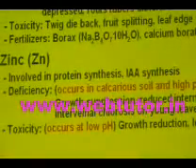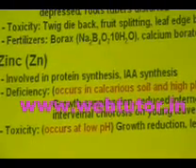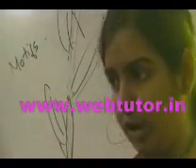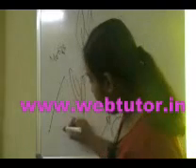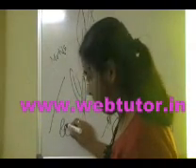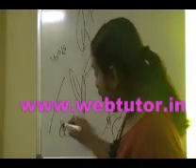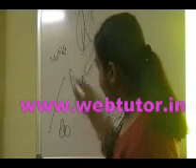Zinc is very important in protein synthesis, because have you all ever come across the term motifs? When proteins have to be folded, they are normally formed in a single chain, but then they have to be folded into the right conformation.